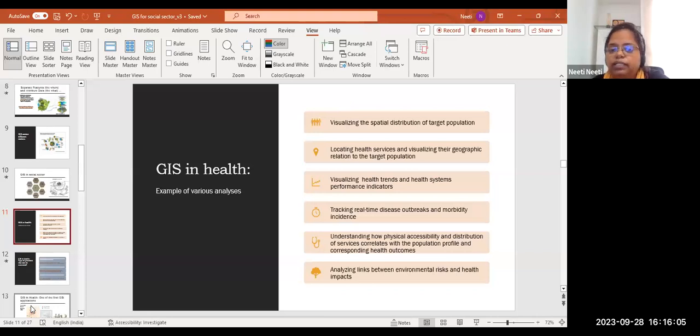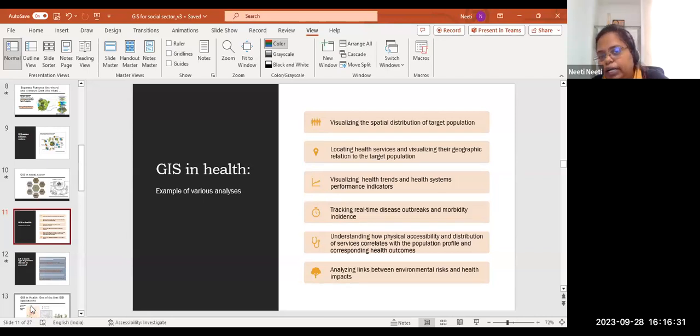We can also visualize health trends and health system performance indicators. One way to look at a health system performance indicator could be using the mortality rate: how the mortality rate is changing, or from hospital to hospital, and so on. We can also track real-time disease outbreaks using GIS.